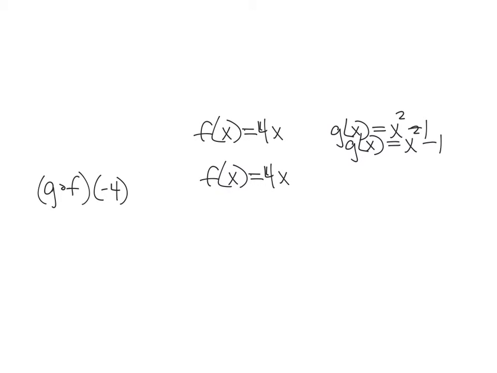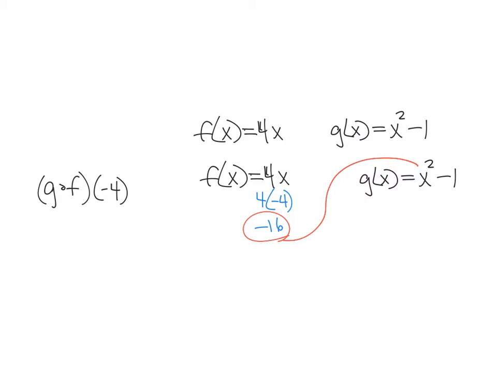All right, so we're going to start with f of x, and we need to put in negative 4. So that becomes 4 times negative 4, which is negative 16. And now we're going to take that negative 16 and stick it into the g of x. So that becomes negative 16 squared minus 1.